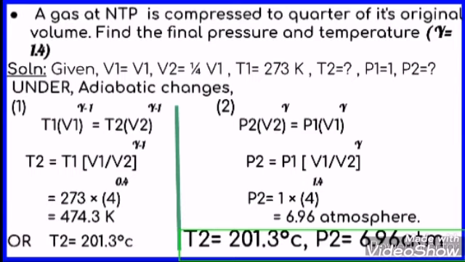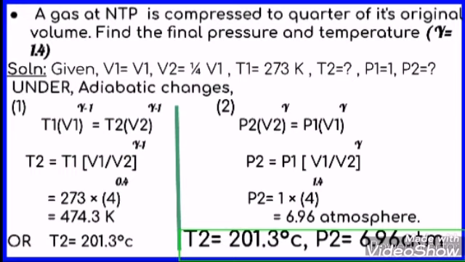We know the relationship between temperature and volume: T1 V1 power lambda minus 1 is equal to T2 V2 power lambda minus 1, where lambda is the specific heat ratio, which is equal to 1.4. By substituting the values of T1, V1 and V2, we get T2 is equal to 273 into 4 power 0.4. By calculating, we get T2 is equal to 474.3 Kelvin.